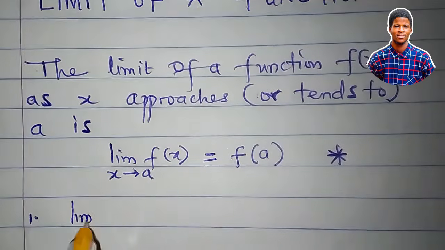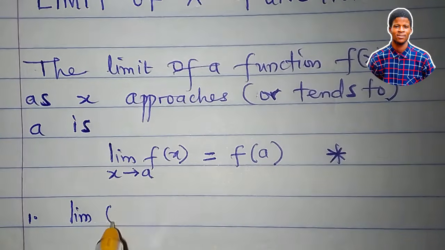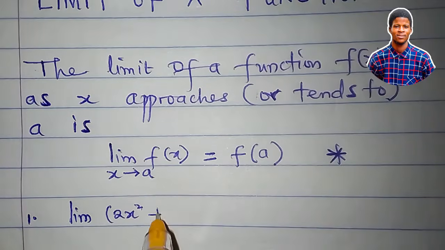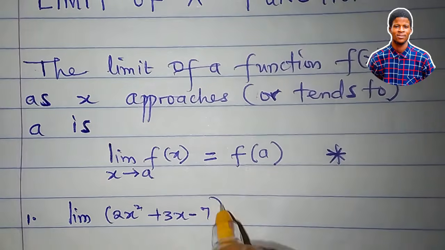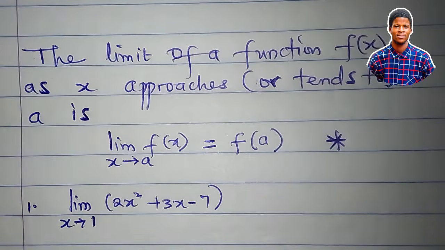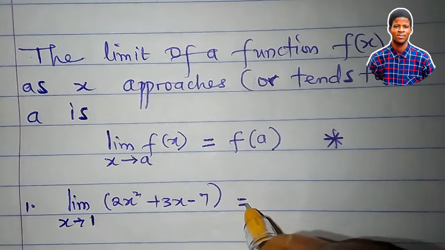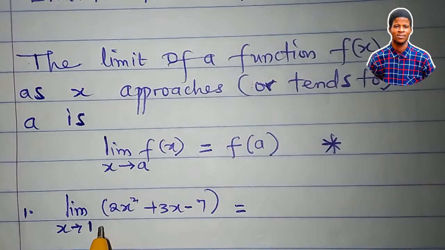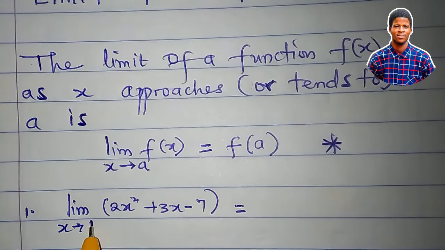Look for the limit of this function, 2x squared plus 3x minus 7, as x approaches 1. This is simply equal to, in place of x here, I'm going to write 1.